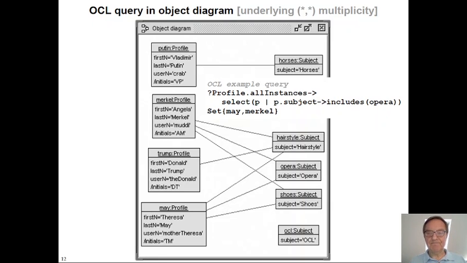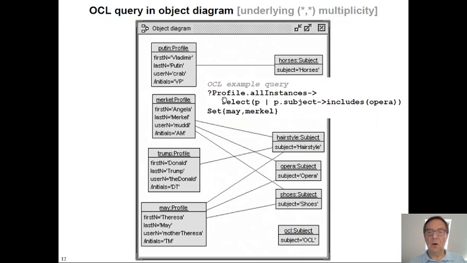Another use of OCL: we have seen the use of OCL for class invariants. Another important use of OCL is to state queries. We have a system state object diagram, and now we are interested in particular facts that hold in this system state.